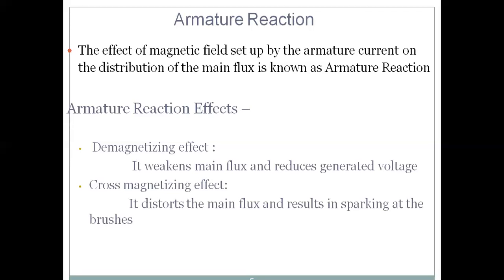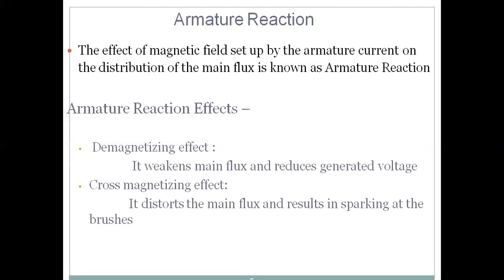That magnetic flux distorts, meaning it changes shape. Simply said, it changes the shape of the main field flux. Due to that, sparking takes place at the brushes. These are the two problems with armature reaction.